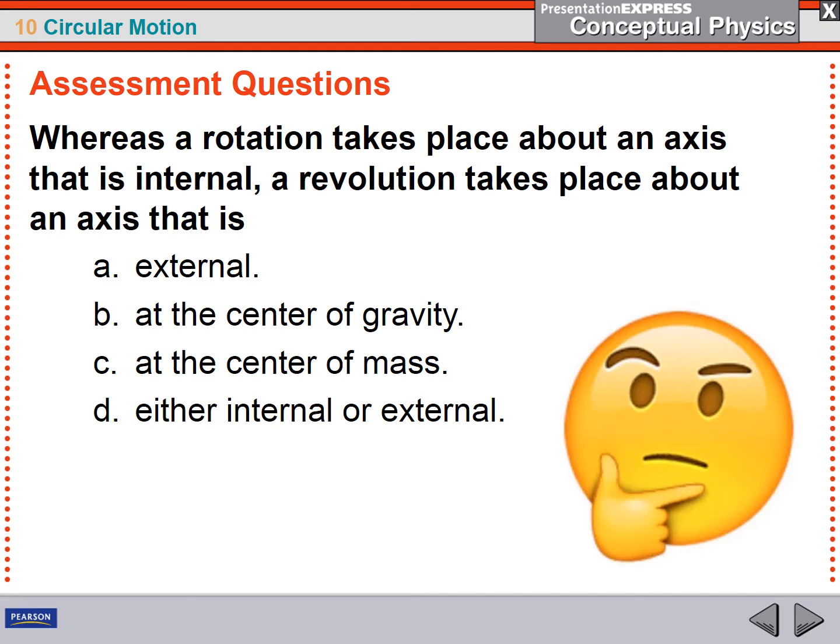Whereas a rotation takes place about an axis that is internal, a revolution takes place about an axis that is A. External, B. At the center of gravity, C. At the center of mass, or letter D. Either internal or external. Excellent! The answer is letter A. That is external.